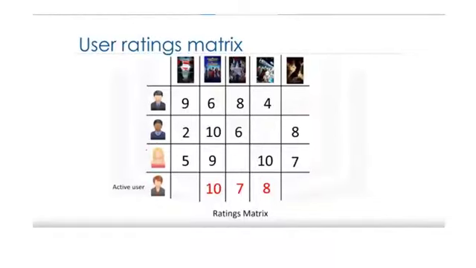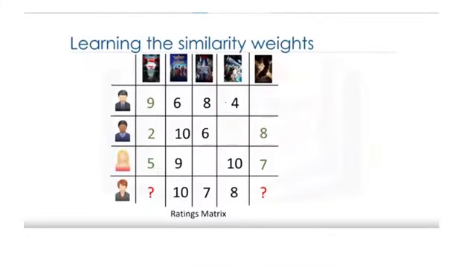Now these are all the active users, and they have given ratings to all these particular movies, right? Based on these ratings provided by each user to each of the movies, I will go and find out the similar users.